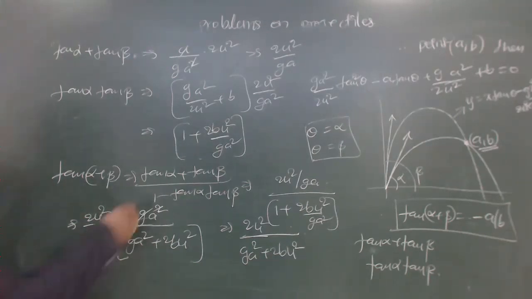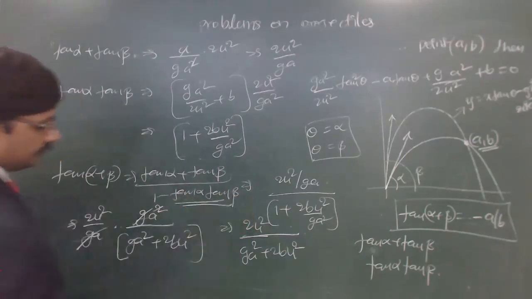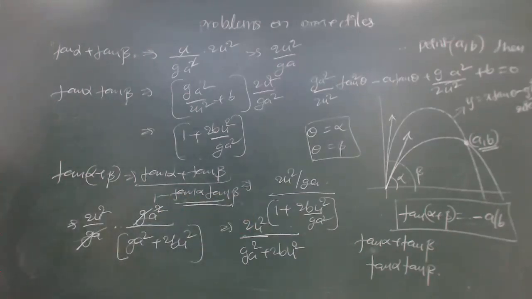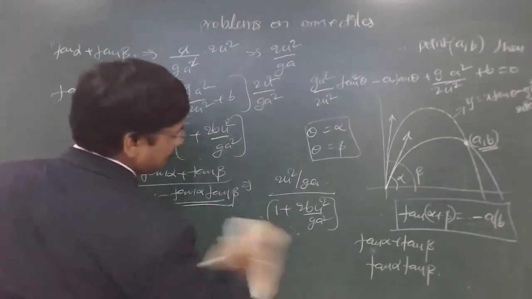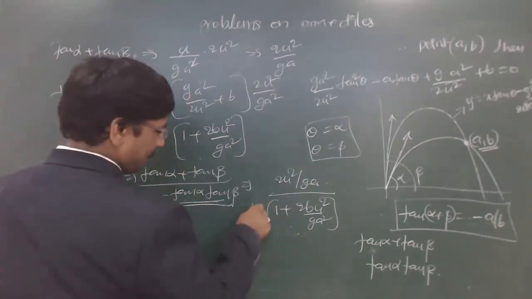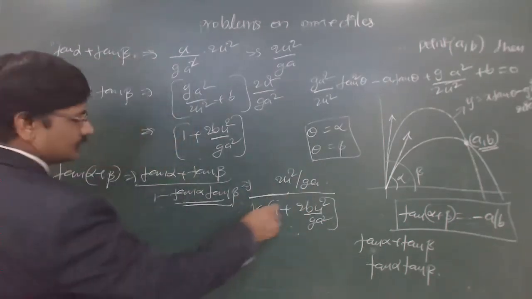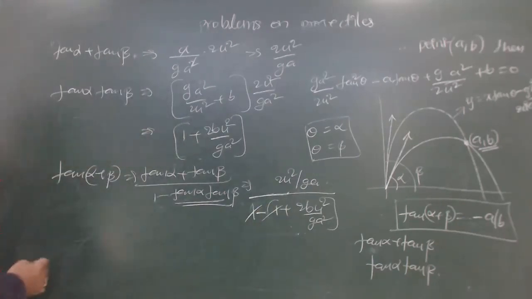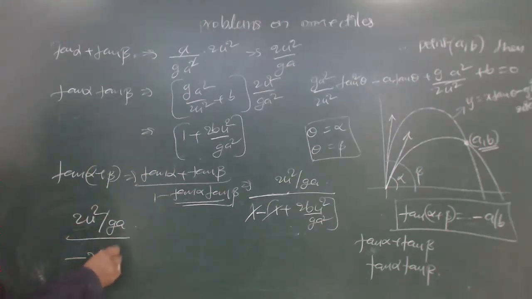I think I have ignored the 1 minus this value here. So this 1 will cancel out, and then 2u square by ga divided by minus 2bu square by g a square.